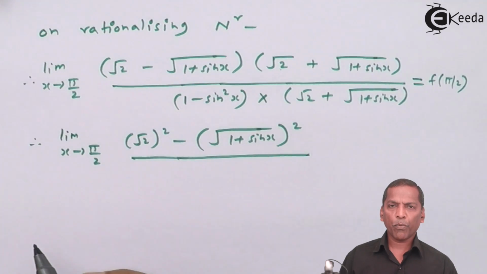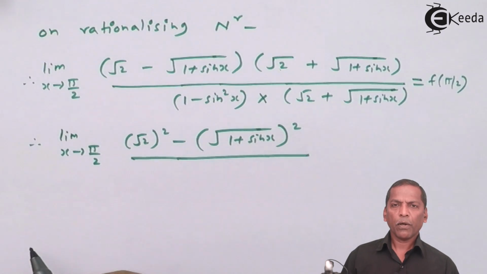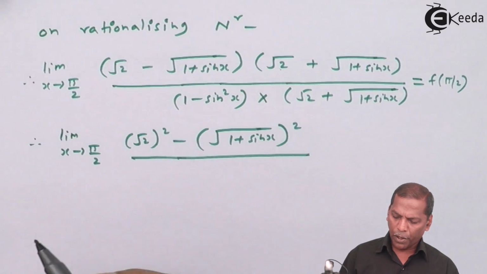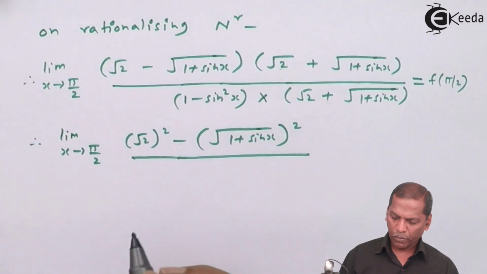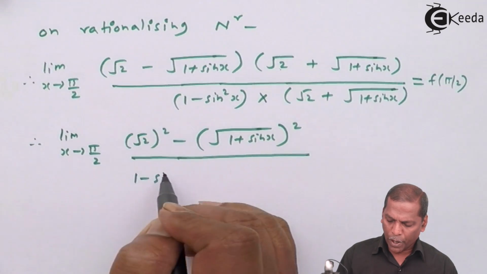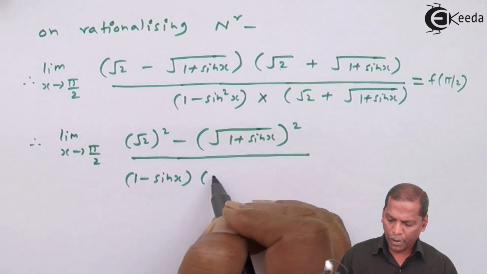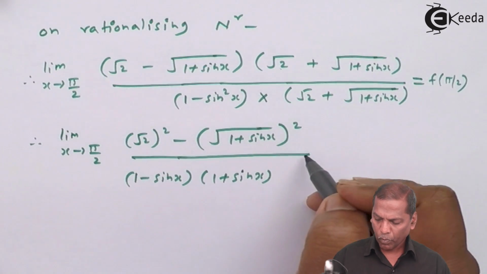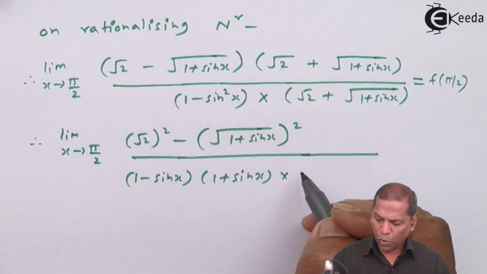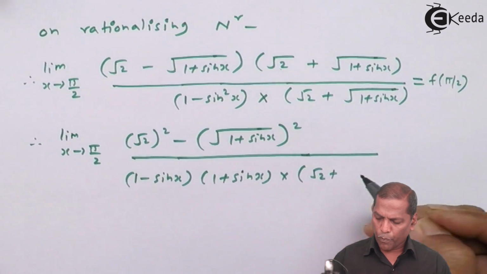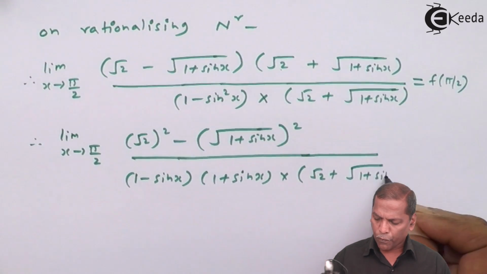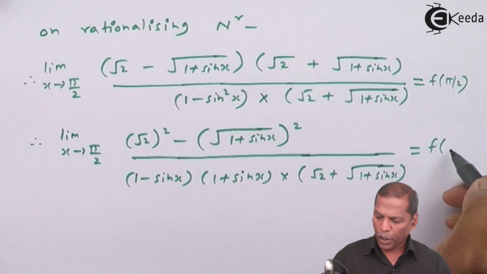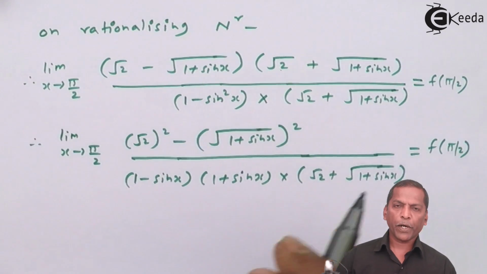Again we use the same formula, a square minus b square gives a minus b into a plus b. So here 1 minus sin square x gives 1 minus sin x in one bracket and 1 plus sin x in the other bracket, and then into we write root 2 plus square root of 1 plus sin x, and that whole thing is equal to f of pi by 2.